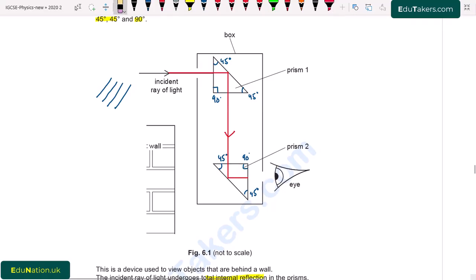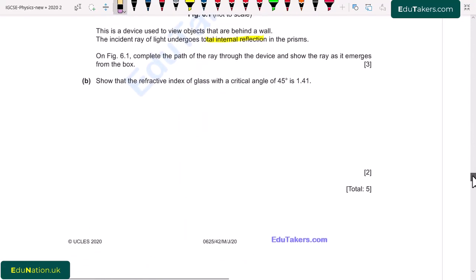So moving towards the other part of this question, show that the refractive index of glass with a critical angle of 45 is 1.41. So the critical angle is 45 and we have to show that 1.41 is the refractive index of glass.